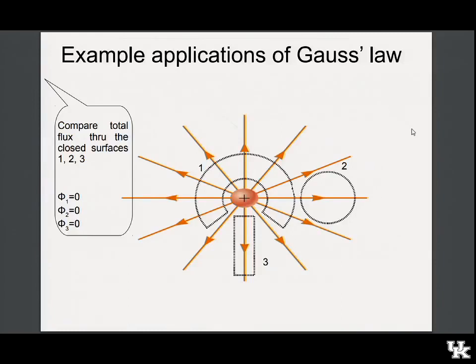So when you calculate the net flux through a surface, it's determined by the charge inside the surface. It ignores the charge outside the surface. Those contribute nothing to the net flux. You can see how that works if you look at these three surfaces. On this horseshoe-shaped one, field lines are going in on this inner wall.